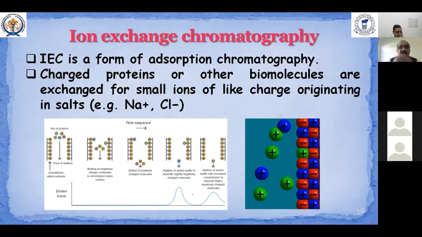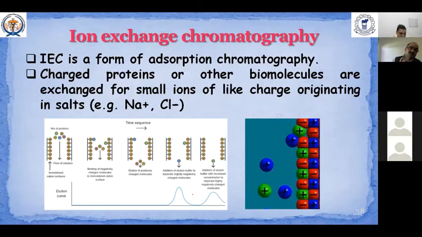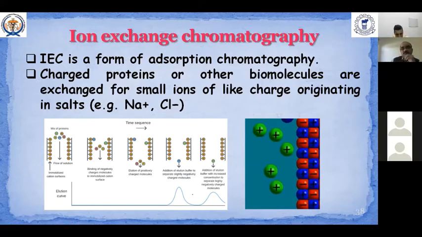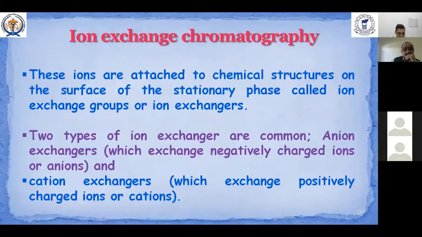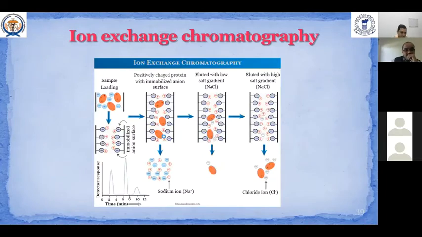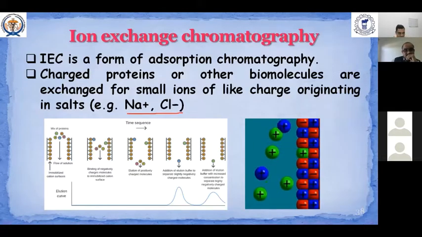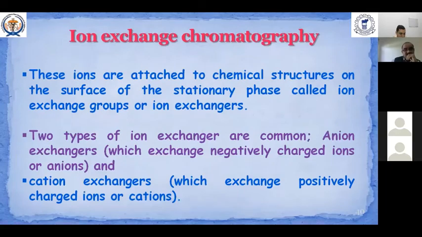This is a kind of adsorption chromatography. In this chromatography, the charged proteins or other biomolecules are exchanged for small ions of like charge originating from salt molecules, such as sodium chloride. These ions are attached to a chemical structure on the surface of the stationary phase called the ion exchange group or ion exchanger.